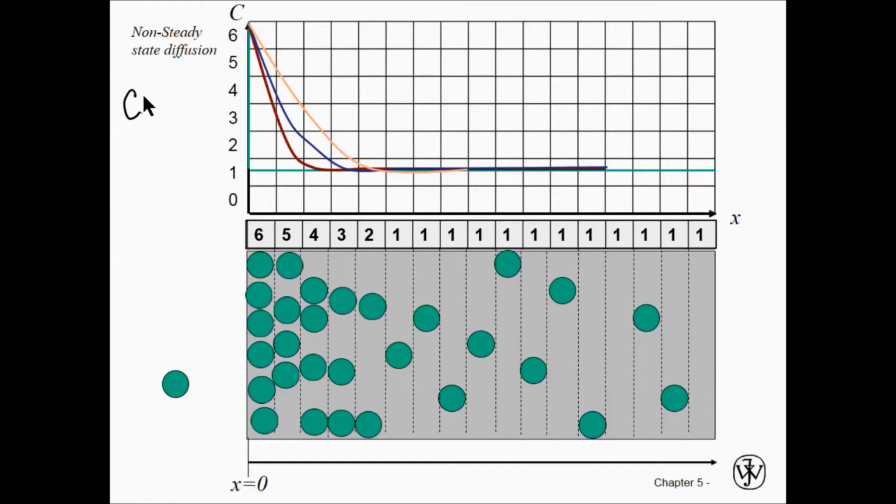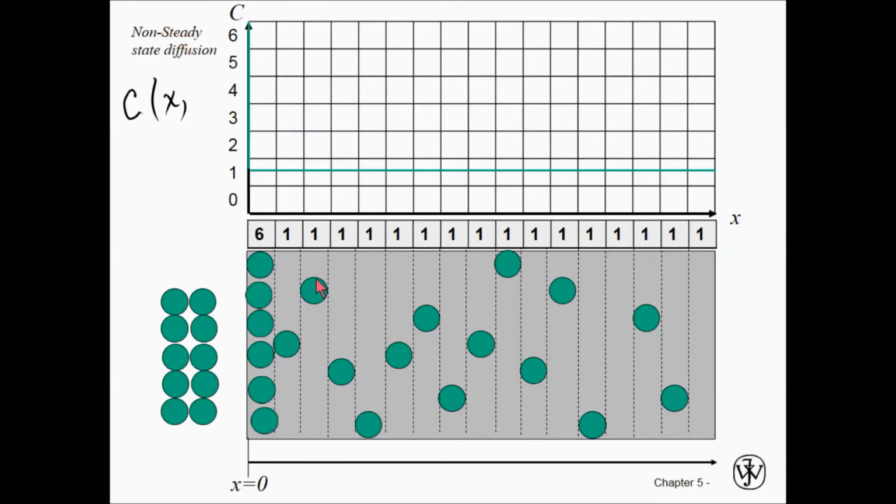So concentration here is a function of position, because when I change position, concentration changes, as you can see over here: 6, 5, 4, 3, 2, and so on. And plus, let me return over here. So here, time is going. As time goes, you see concentration, you see this table over here.